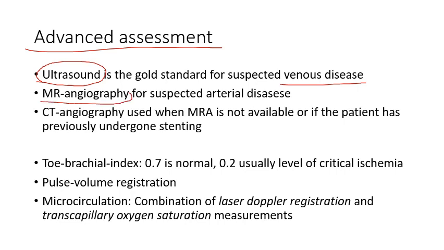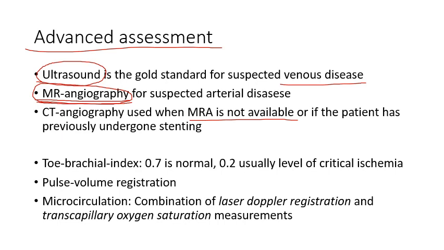MR angiography for suspected arterial disease, sometimes CT, but that's only used if the MRI is not available, or if the patient has previously undergone stenting and has metal that might give you a false positive stenosis in the artery, because the MRI will look at that metal and consider it to be a disease of the artery. So that's why we sometimes do a CT when people have undergone stenting in their arteries.